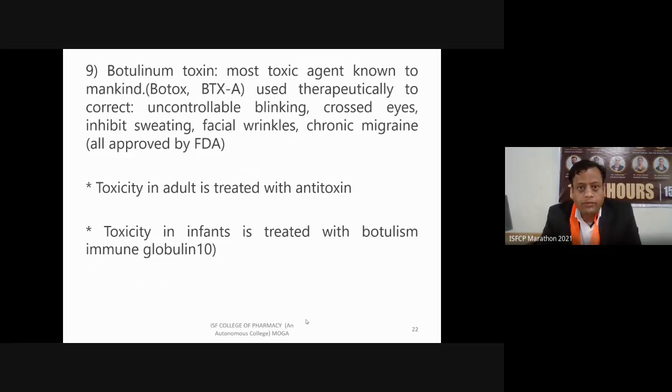Botulinum toxin is a very toxic agent, generally used to counteract the toxicity of different toxic agents. Botulinum toxin is used therapeutically to correct uncontrollable blinking, crossed eyes, inhibit sweating, facial wrinkling, and chronic migraine. The toxicity in adults is treated with antitoxin. Toxicity in infants is treated with botulism immune globulin.